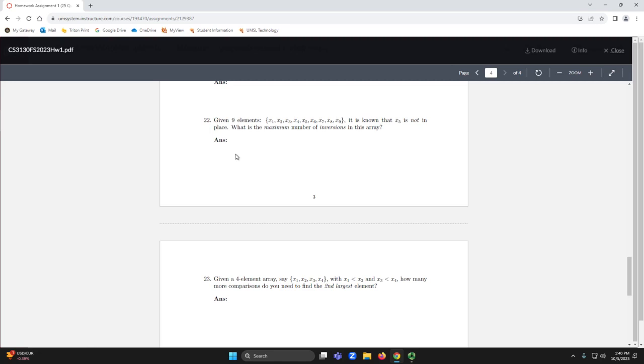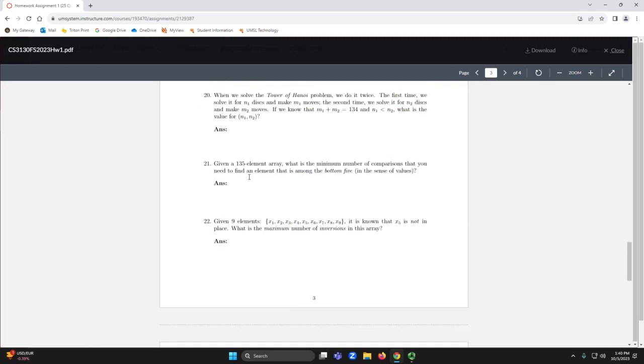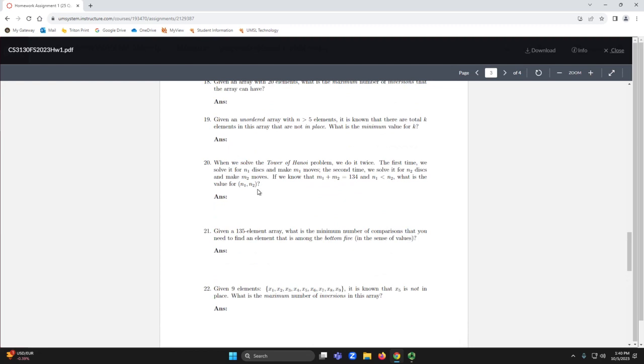So you have a chance to earn partial credit by providing just a few important key steps. If not important, you do not have to. For example, for this Tower of Hanoi, one formula, 2 to the n minus 1.